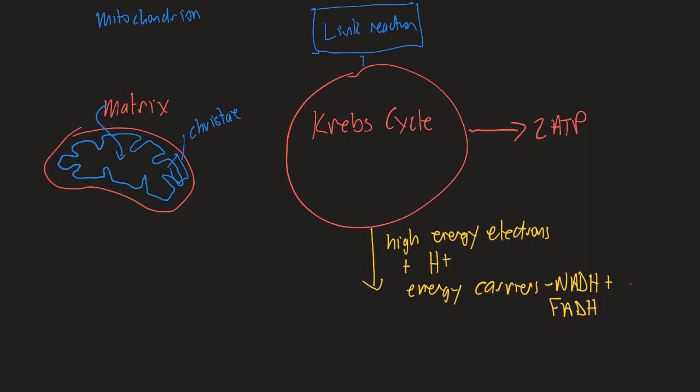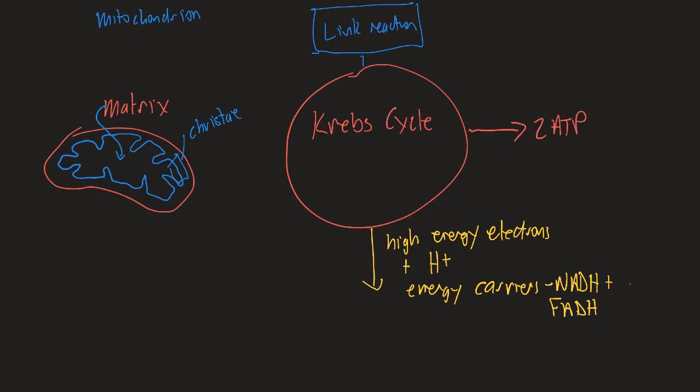That's another story, but essentially they take these high energy electrons and hydrogen and protons produced through the Krebs cycle down to the next part of the process, which occurs in the cristae. So all the way around this highly folded membrane is where it's going to occur.